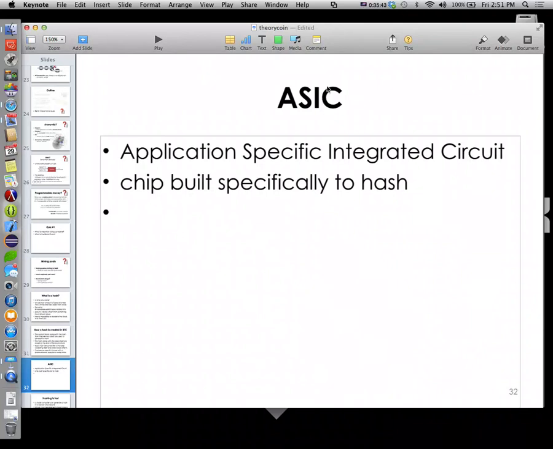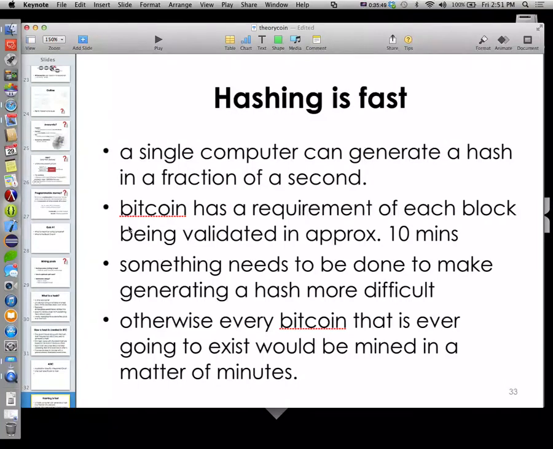So this is what we're still using today, but even these keep getting faster and faster. That's what I was just getting ready to talk about: if 6 months ago we went out and bought one of these ASICs for hashing Bitcoins, and let's say it hashed at 30 gigahashes per second. Well, that was a reasonable hobbyist speed 6 months ago.